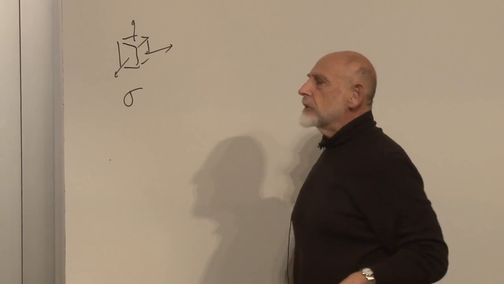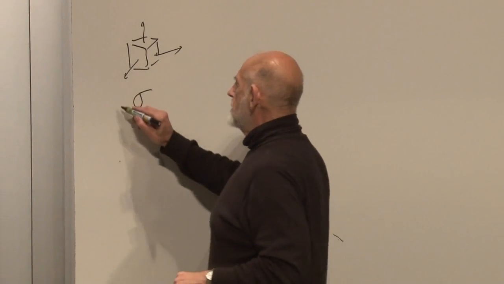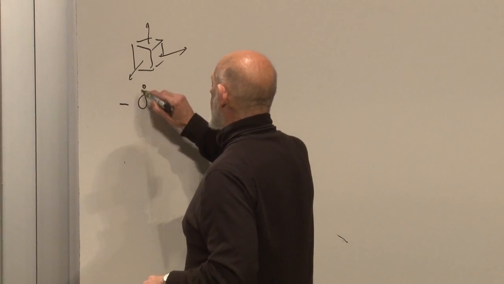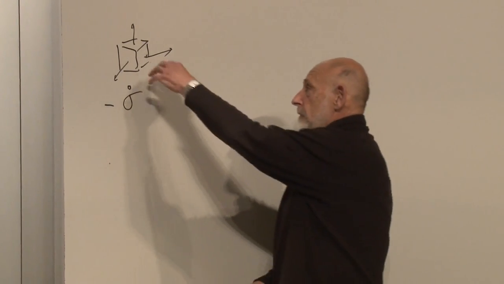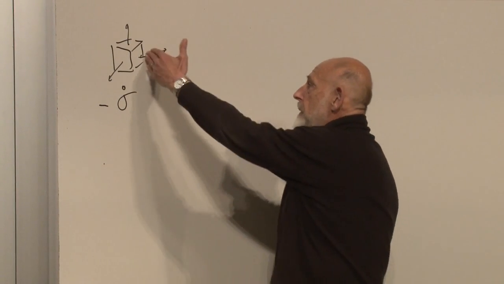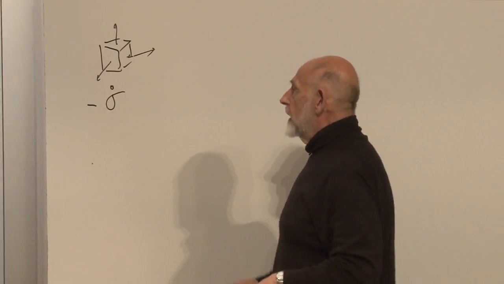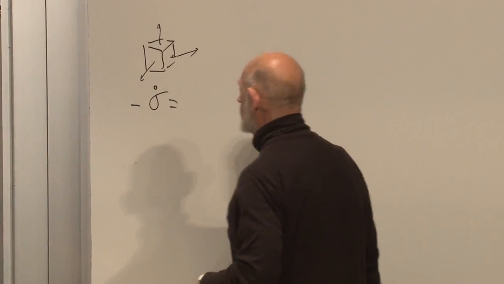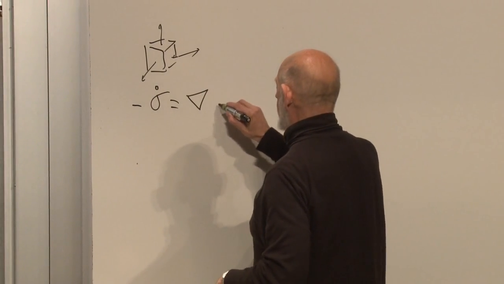The charge per unit time that is leaving the box is minus sigma dot. Why minus? Because it's leaving the box. If it's leaving the box, sigma is getting smaller. That has to be equal to the sum of the currents passing out through the box, and by some Gauss theorem or something, that's just equal to the divergence of the current.